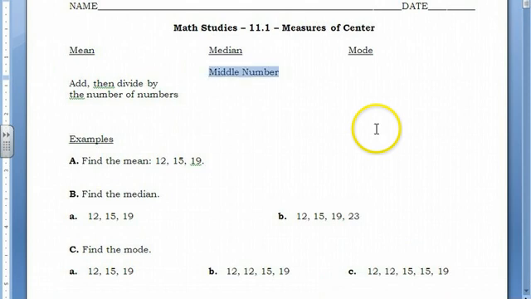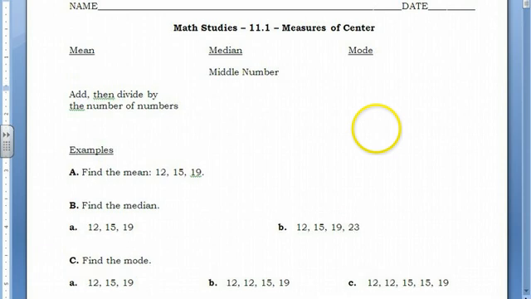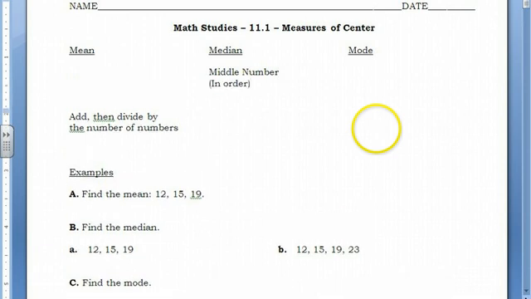Bear in mind, though, that those numbers must be in order before you find the middle. Also, if you find the middle and there end up being two numbers in the middle, you would find the mean of those two numbers.